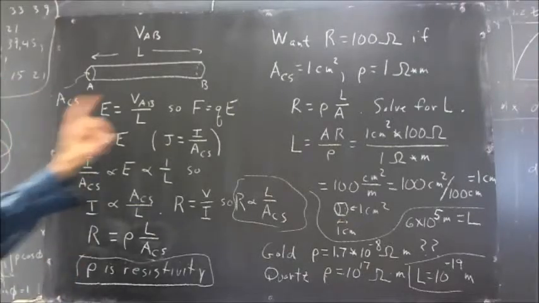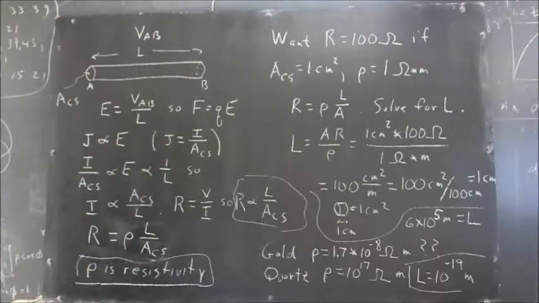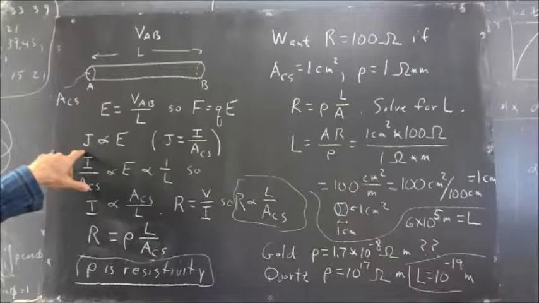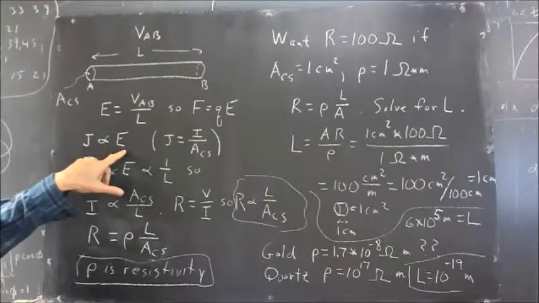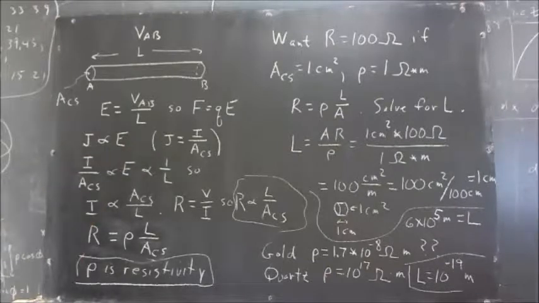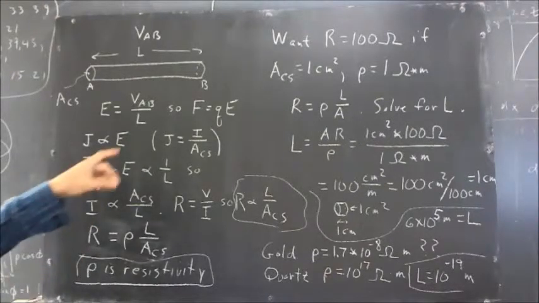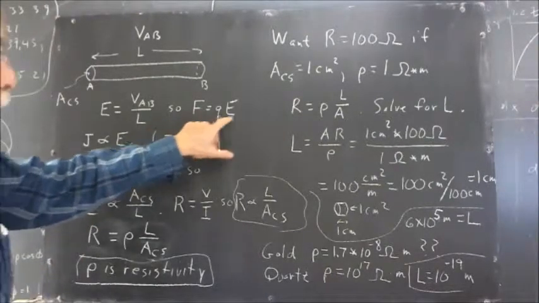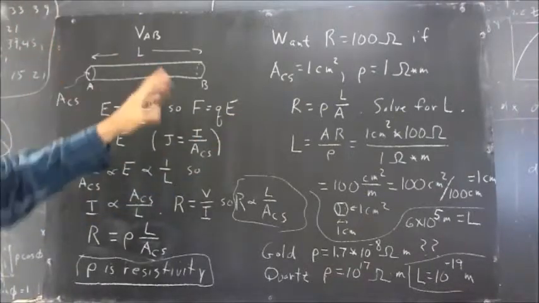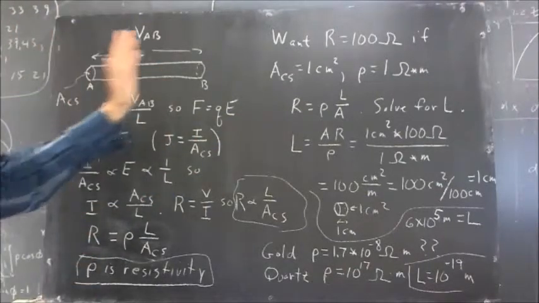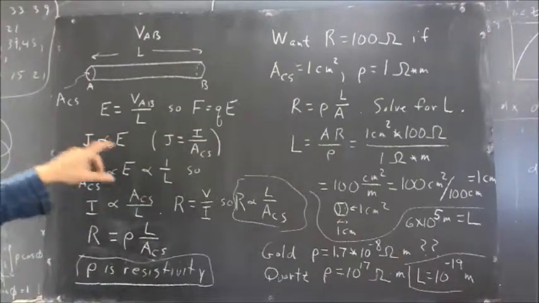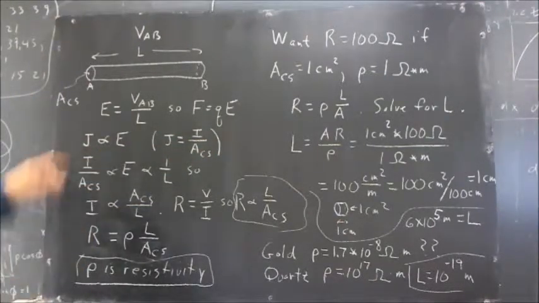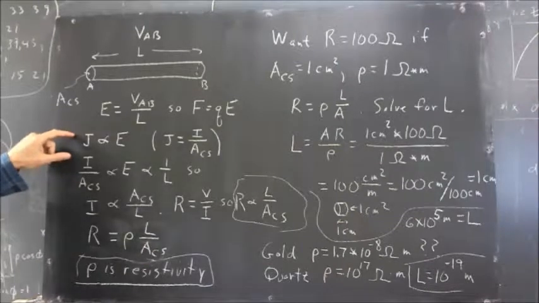Okay, so this leads to the fact that your current density is going to be proportional to your electric field, okay? Because it's the force which results from the field that accelerates the electrons, so the drift velocity of the electrons is going to be proportional to E, so the current density is going to be proportional to E. Now, what do I mean by current density?